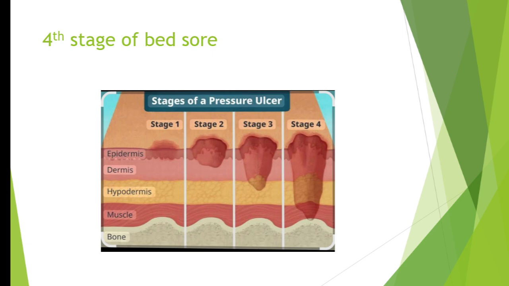Every time, keep the patient's clothes dry, neat, clean and sterile, and the patient's bed sheets clean and wrinkle free. These techniques we can apply with patients to prevent bed sores, and treatment of bed sores we can also apply like this.